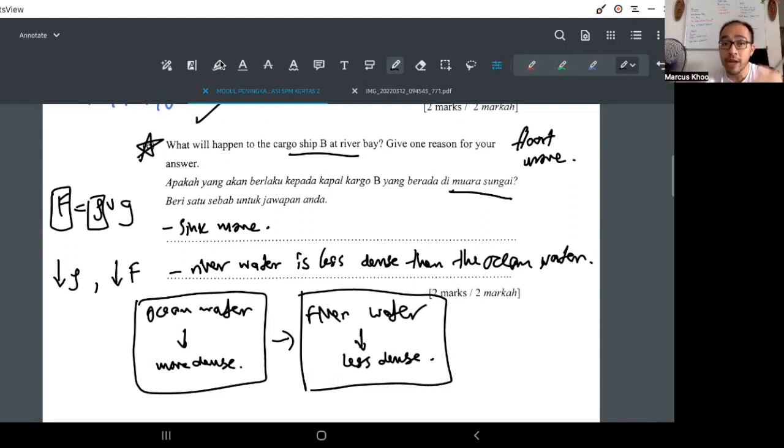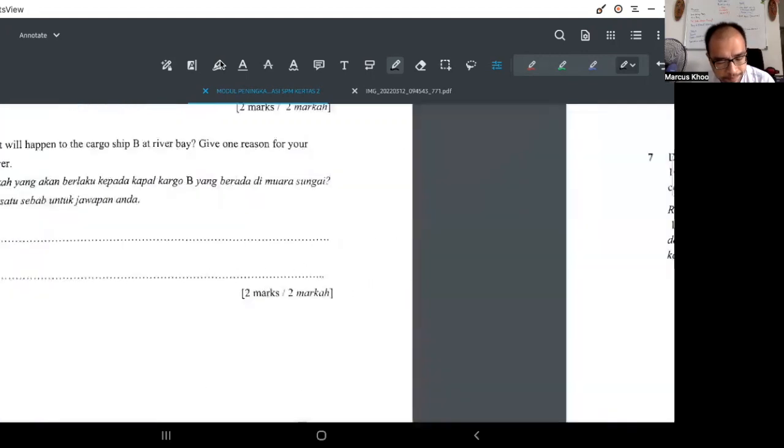Okay, so what will happen if cargo ship B goes into the Dead Sea? So the answer will be it will float more. It will float more because it is more dense than ocean water, and so it will produce a bigger buoyant force. Okay, so pretty much the same reason. Oh, that's a very good question. Thanks for that question.